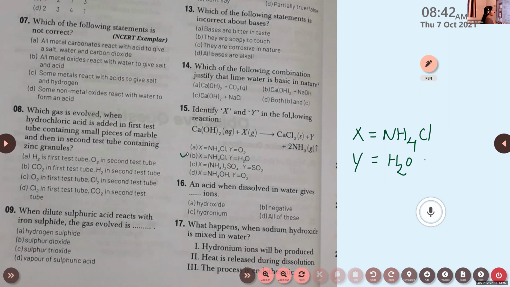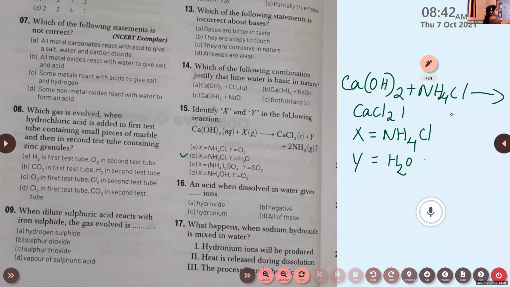Ca(OH)2 plus NH4Cl gives CaCl2 plus H2O plus 2NH3. Clear?